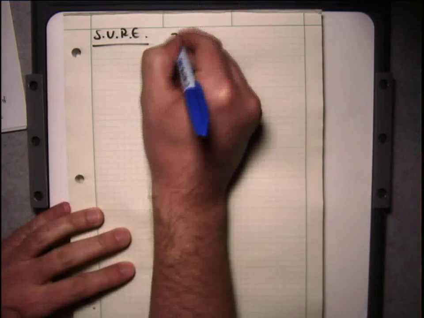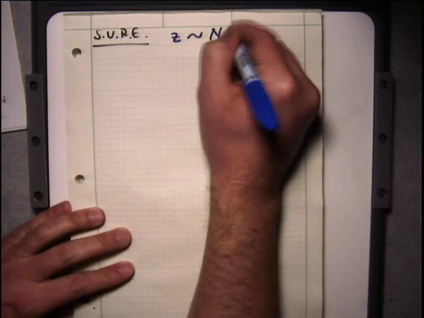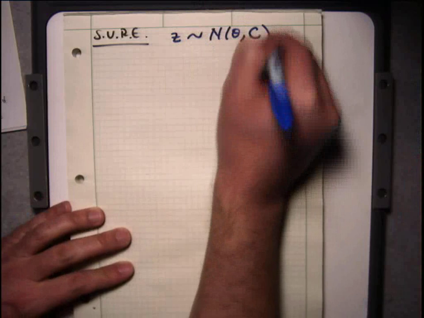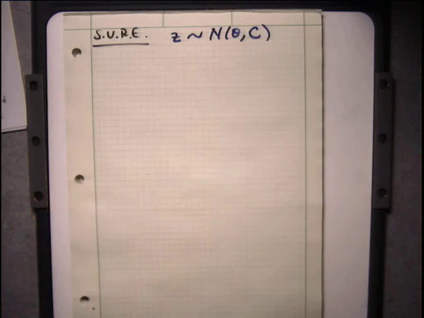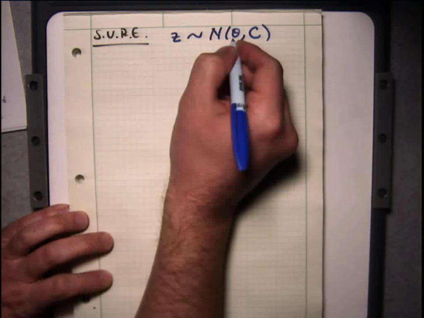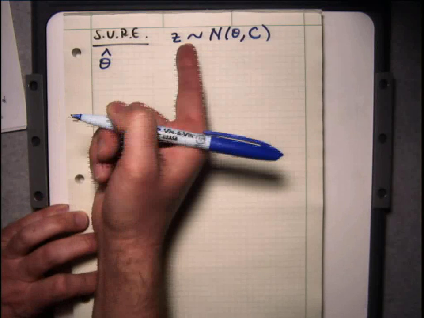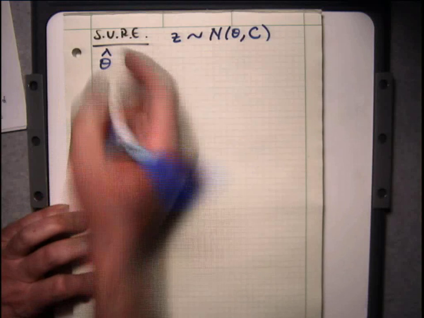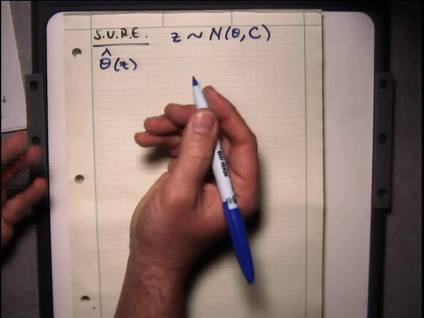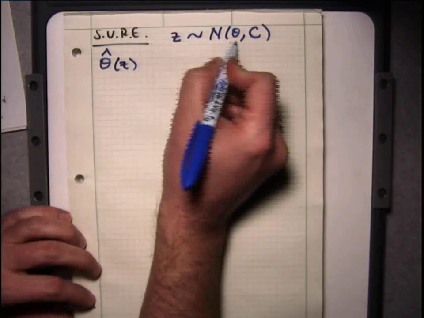We have z, which we'll call a Gaussian with mean theta and covariance C. We are going to estimate theta based on z, so we're going to get a theta hat of z. We can think of z as our data, and theta as the parameter we're going after.